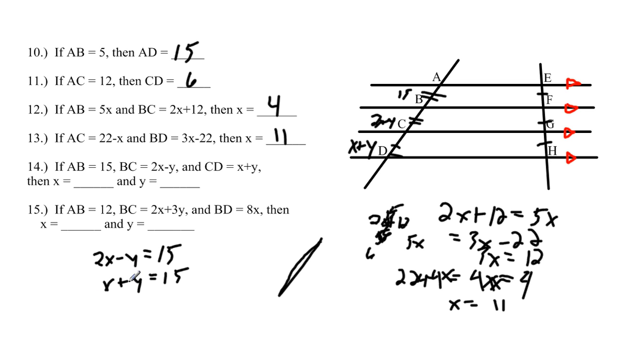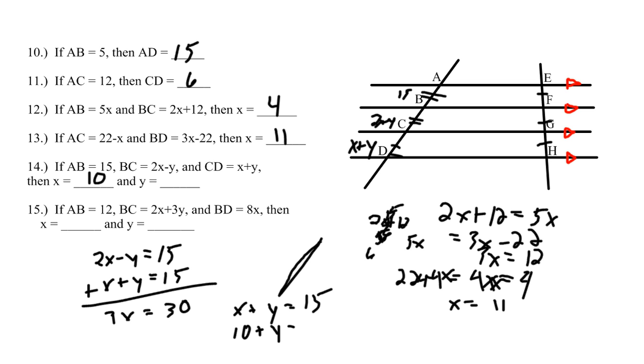Now what we see here is we have opposite coefficients for the y, so we're going to use the elimination method, add these together, and we get x is 10. And if x is 10, y must be, because x plus y equals 15, if we put 10 in for x, we know y must be 5.